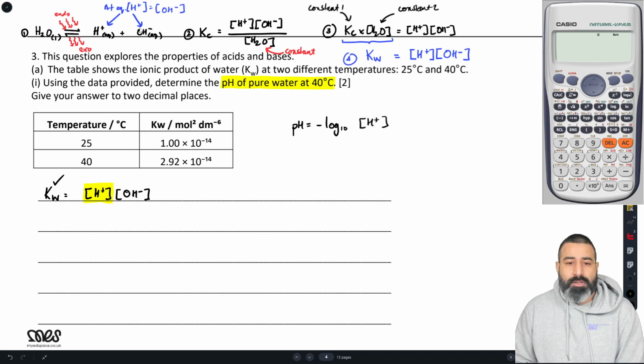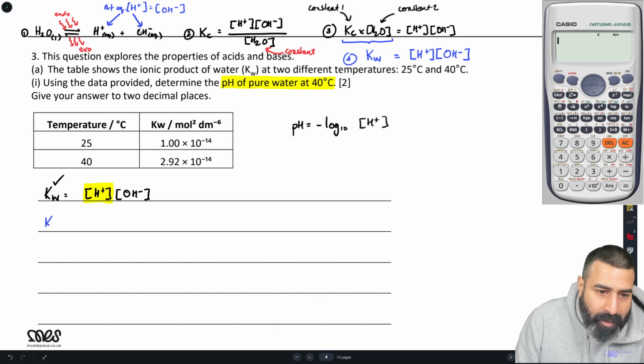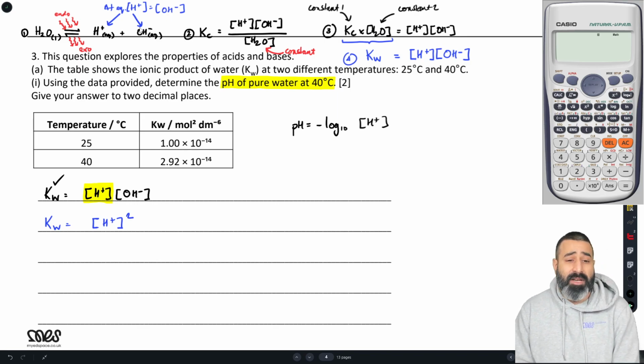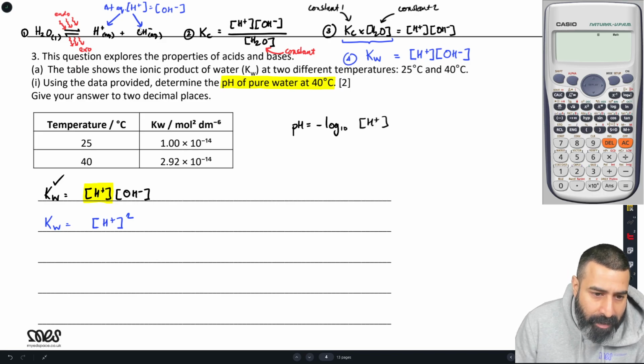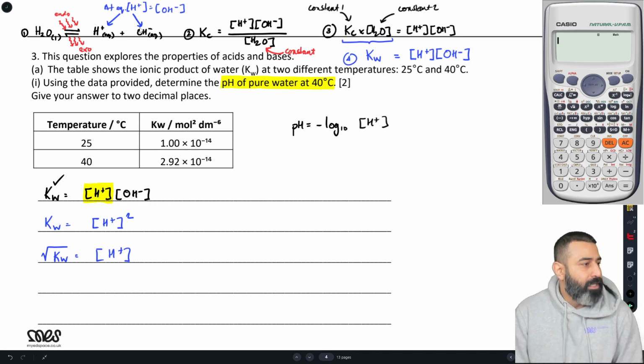hydroxide ion concentration. So what we can do in the next step is say, if these are equal, this reduces to H plus squared, and it simplifies the problem. Because I know Kw, and to get rid of that pesky squared term, I just take square roots of both sides. So the square root of Kw equals H plus.